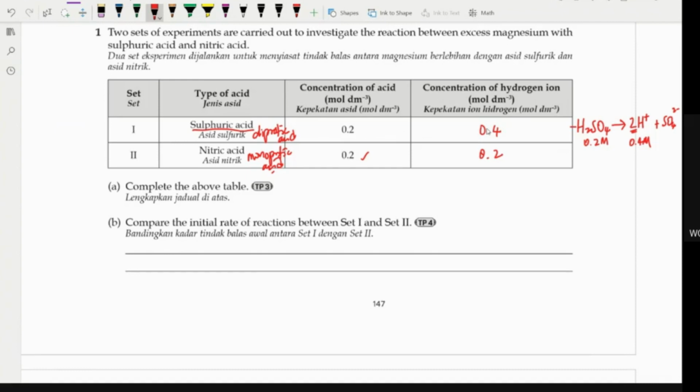Based on this, which set has a higher rate of reaction? Sorry, not set 2, it should be set 1. Set 1 has a higher rate of reaction than set 2.